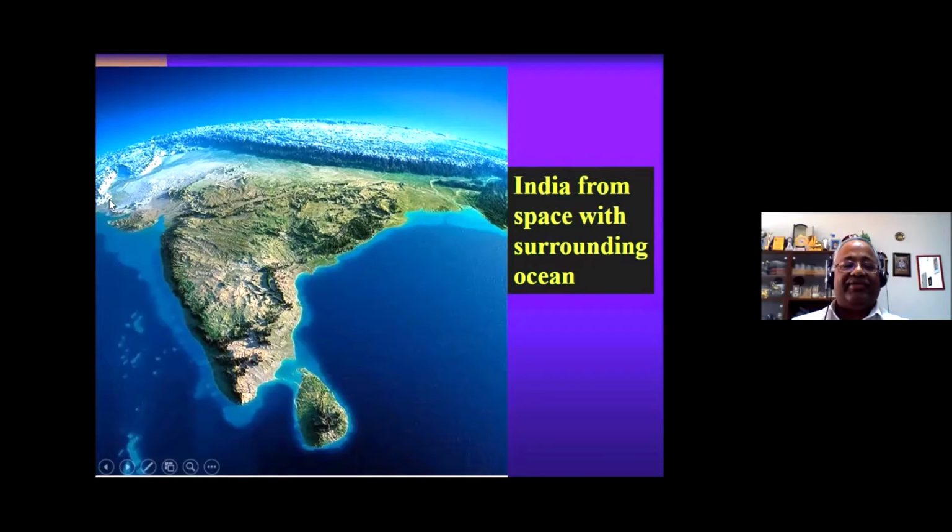You see here, I will tell you some of the important things. India, from this point, from Kanyakumari to the northernmost point, is more than 2,500 kilometers. Similarly, from west to east is also close to that. And from here, the Western Ghat goes like this.